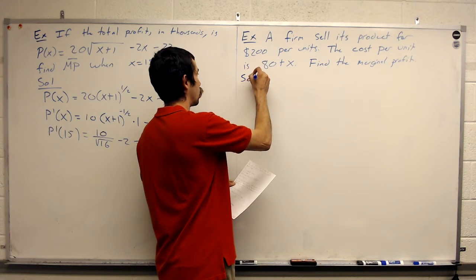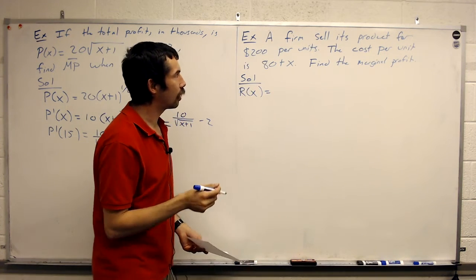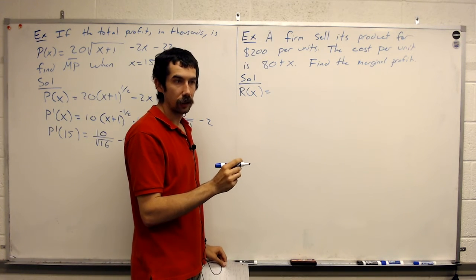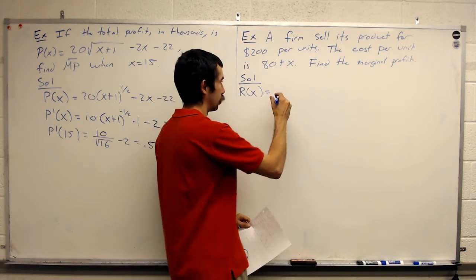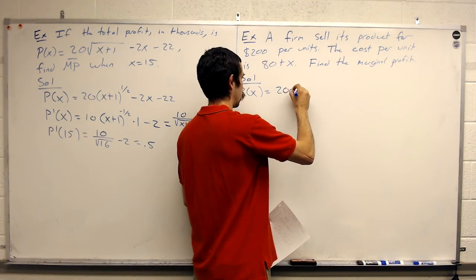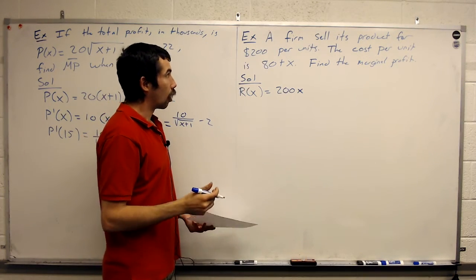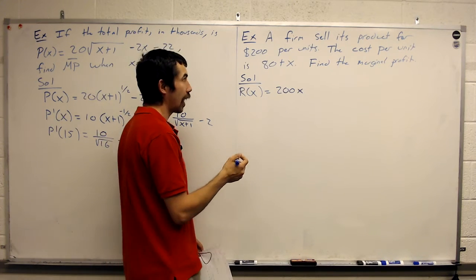All right, so our revenue function: we sell the product for $200 each. If we sell x, our revenue is 200 times x. Our cost function, well, we know the cost per unit is 80 plus x.